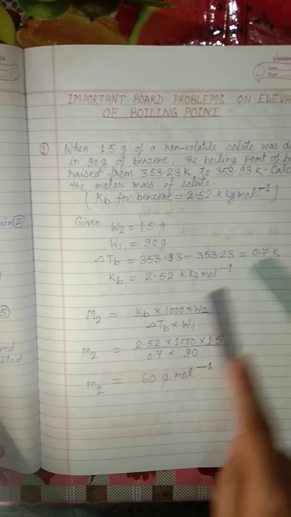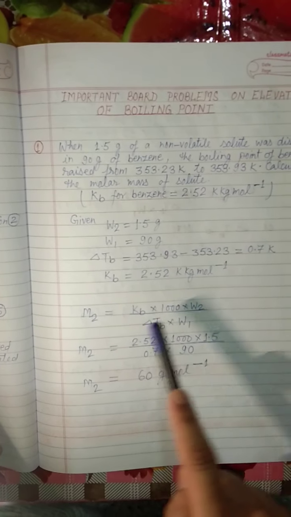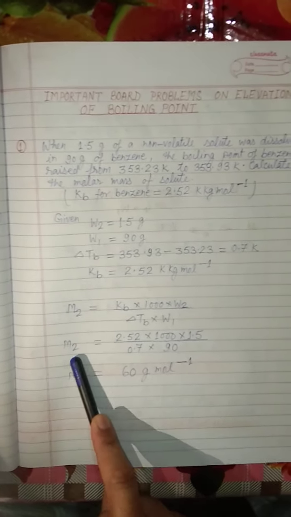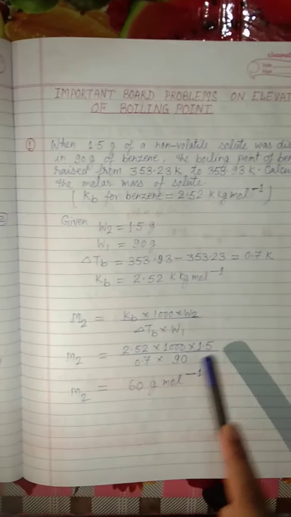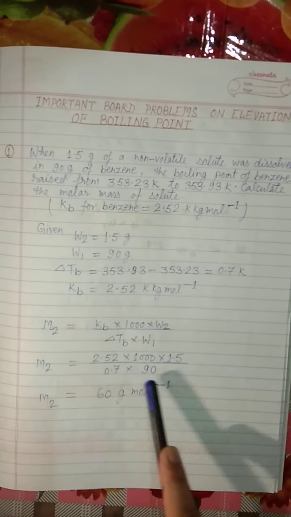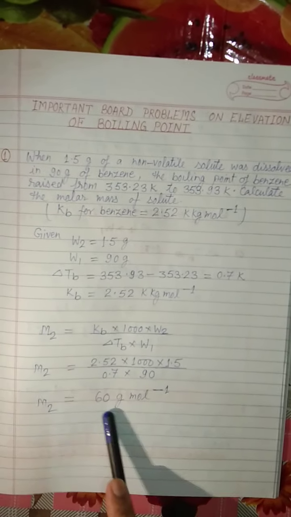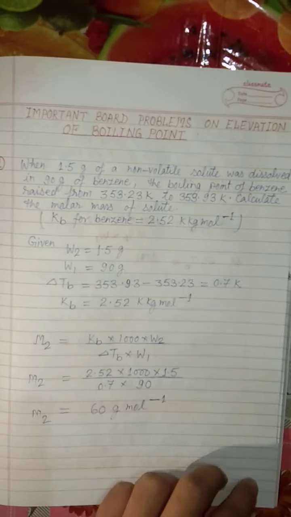M2 equal to Kb into 1000 into W2 upon delta Tb into W1, or M2 equal to 2.52 into 1000 into 1.5 upon 0.7 into 90. M2 equal to 60 gram mole inverse. This will be your answer.